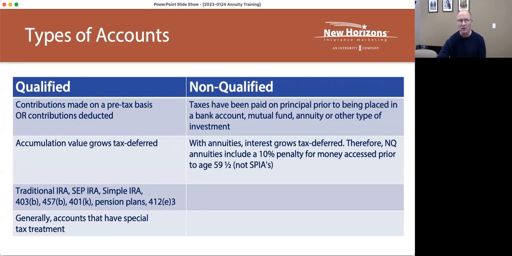The non-qualified, in simple terms, and it's not 100%, but simple terms, you might refer to it as bank money, like savings account money, or maybe money that had come from a CD, but money that you have already been taxed on. Not talking about any gains, but money that you have already been taxed on would go under the heading of non-qualified. So 2 just general terms, qualified and non-qualified.